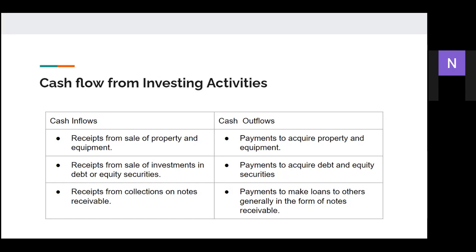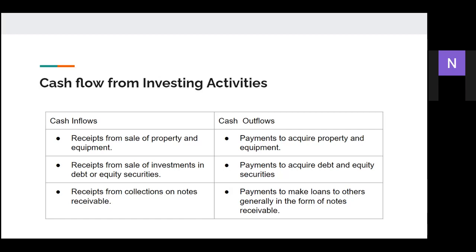For example, para mas maano sa realidad, kunwari, kayo, kasi tamad kayo maghugas ng plato, nag-acquire ka ng dishwasher. Alam niyo ba yun? Basta yung panghugas ng plato na siya na mismo. Parang equipment ganun sa bahay. Nag-acquire ka nun, nag-invest ka doon.